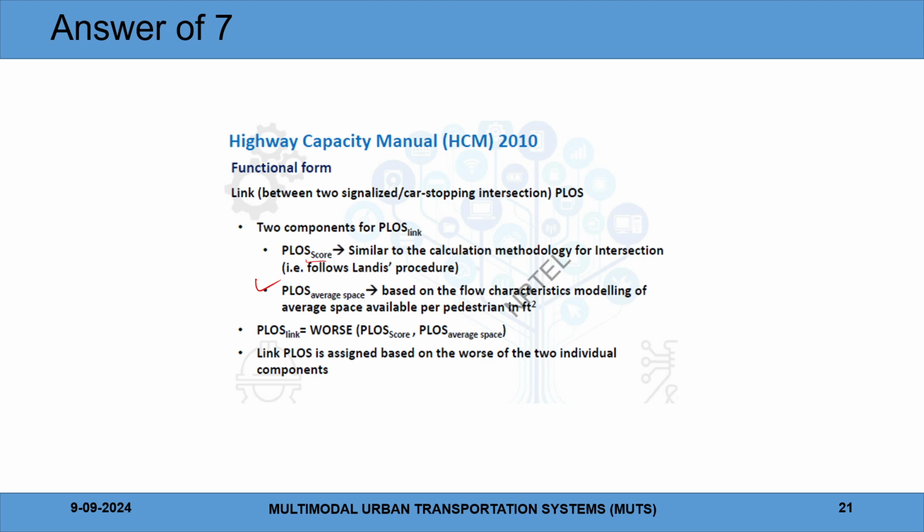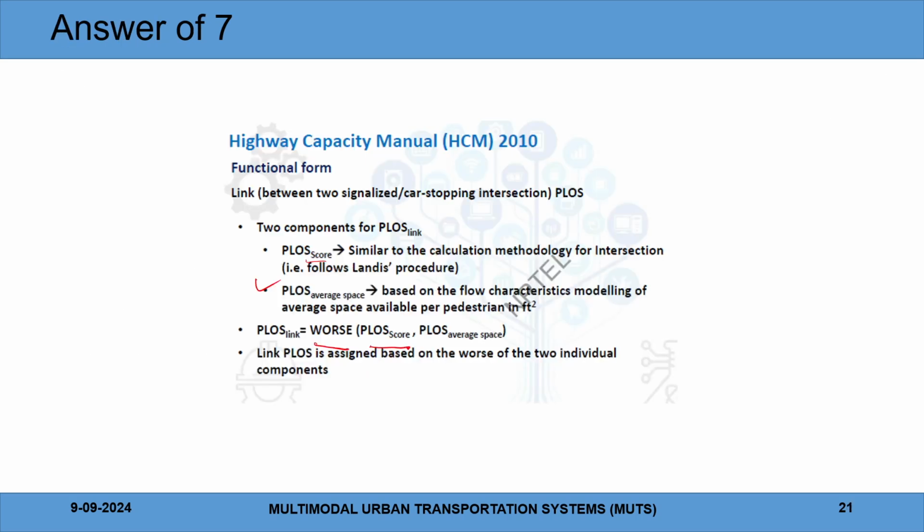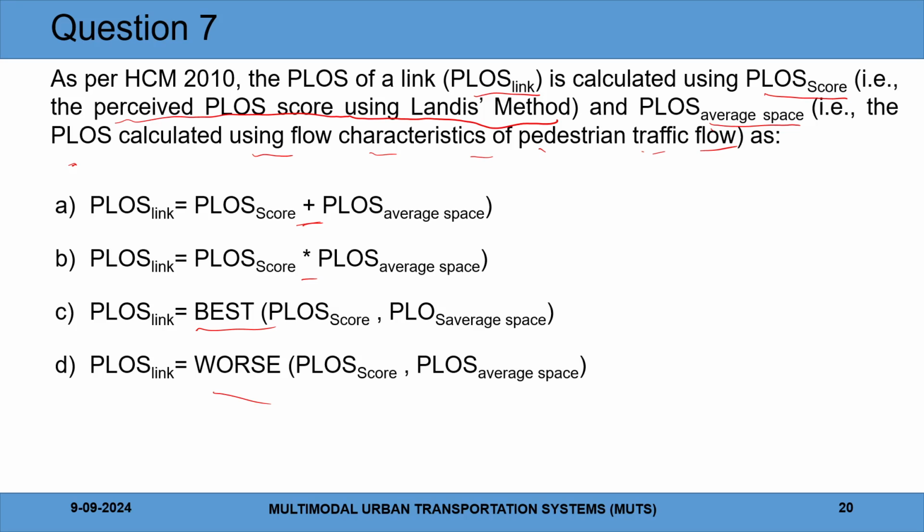And for a link, it is the votes between PLOS score and PLOS average space. That is, from this roadway and traffic characteristics, there are two pedestrian levels of service, and the votes would be the PLOS of the link. So option D will be the correct one here.